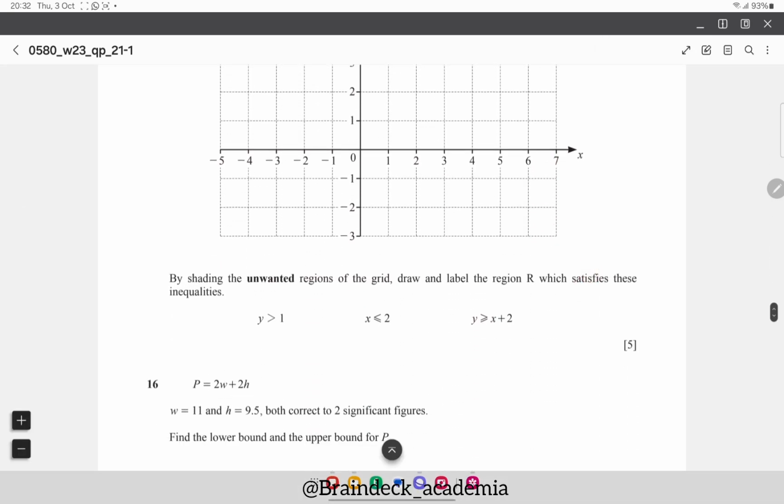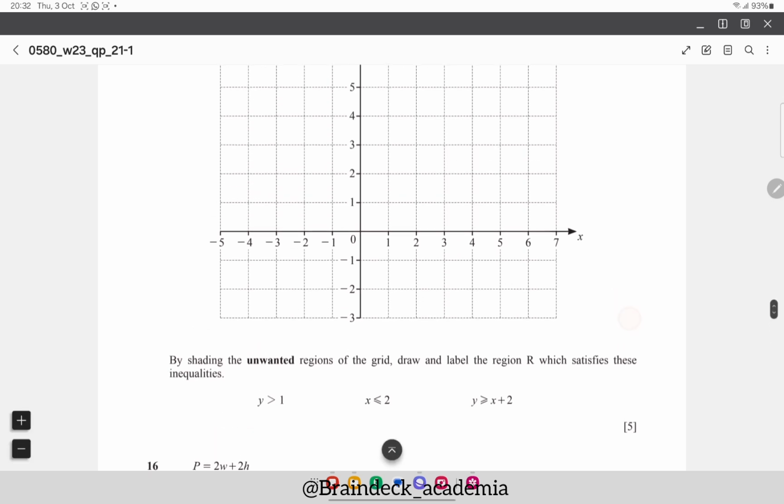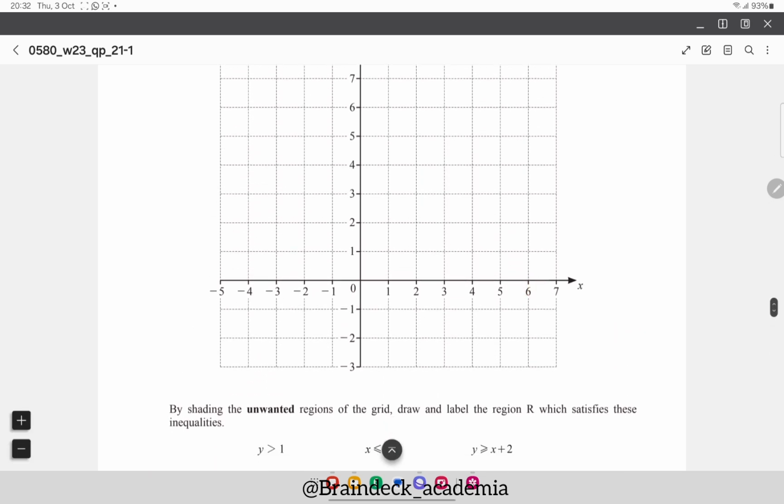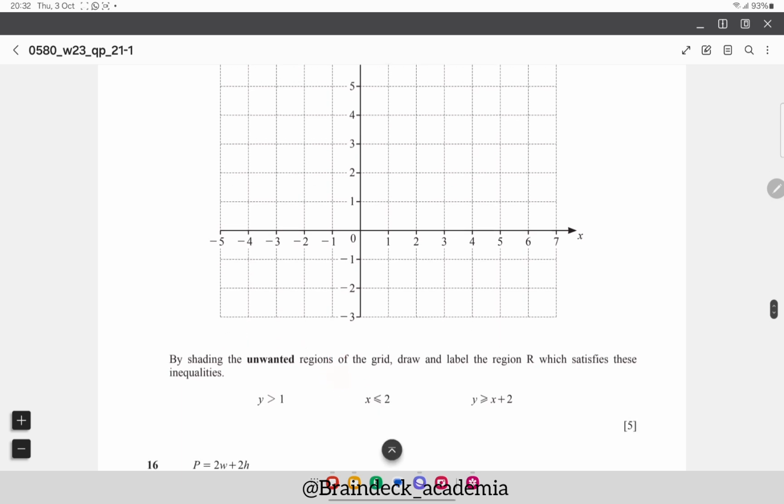Okay, now we're in question 15. By shading the unwanted regions of the grid, draw and label the region R which satisfies these inequalities. All right. So y is greater than 1. Since it's greater than and not equal to, we are using a dash line.